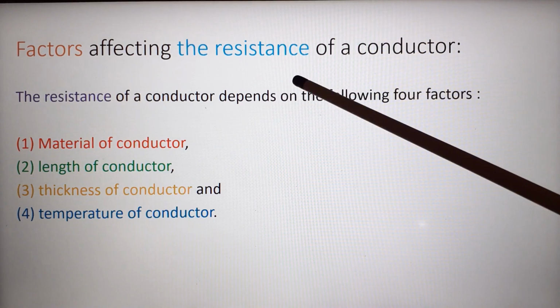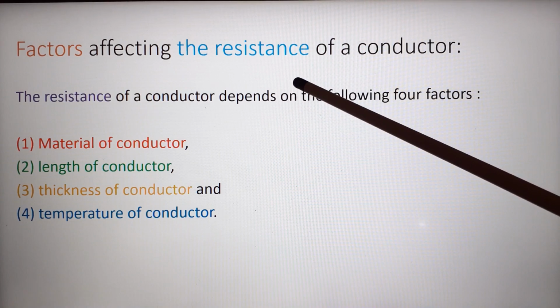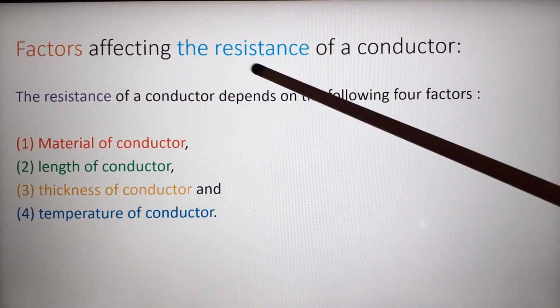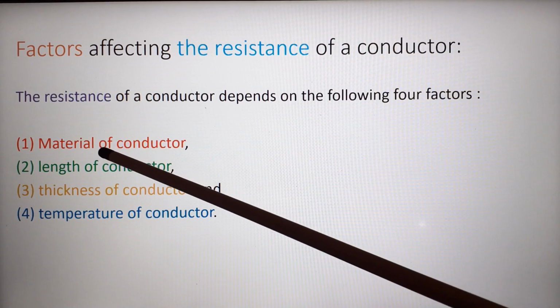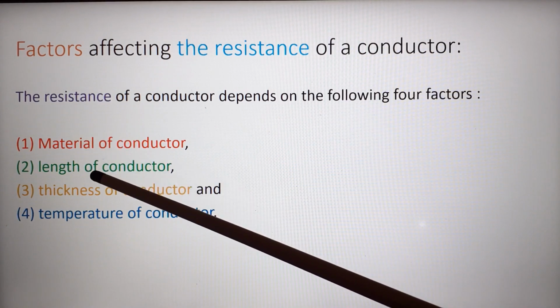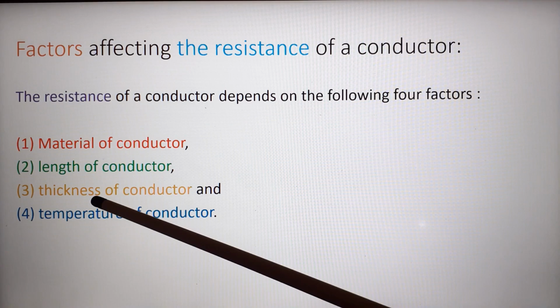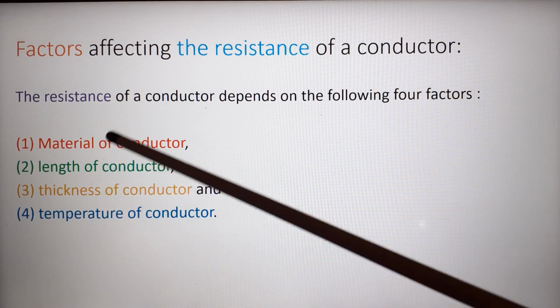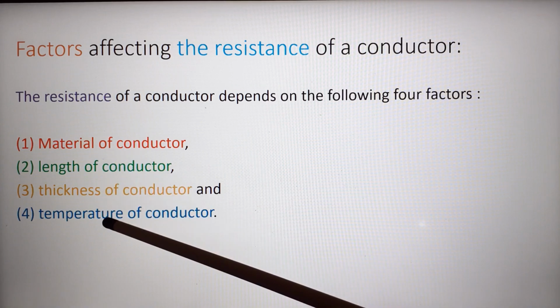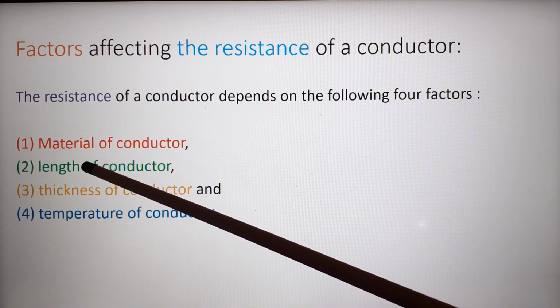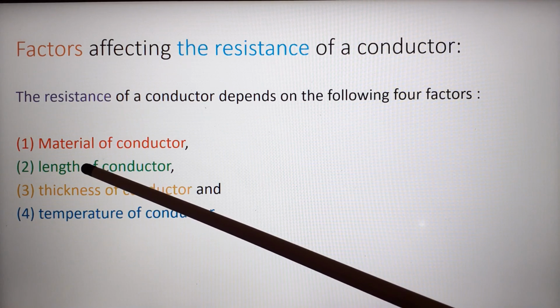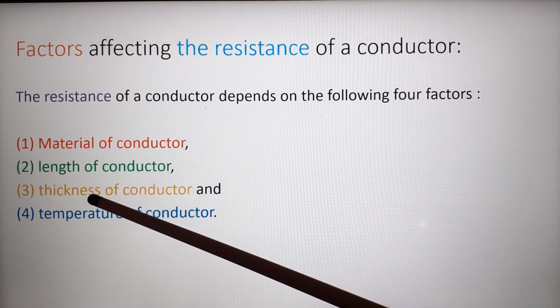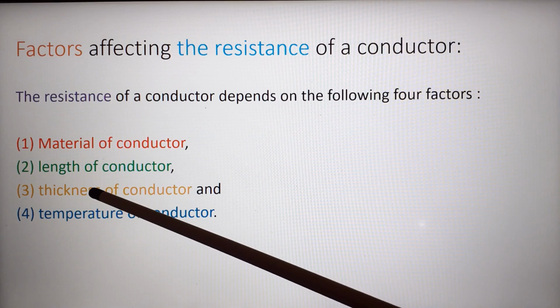Now first let's focus on resistance factors and then we will go on to specific resistance factors. The factors affecting resistance are the material of the conductor, the length of the conductor, thickness, which means area of cross section of the conductor, and temperature of the conductor. Now out of these 4 factors, for specific resistance we have already taken unit length and unit area of cross section, so these 2 factors are not affecting specific resistance.